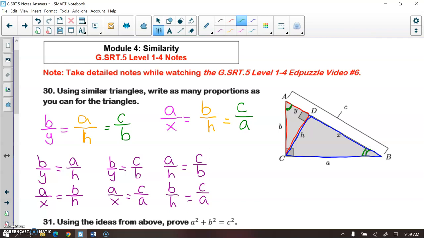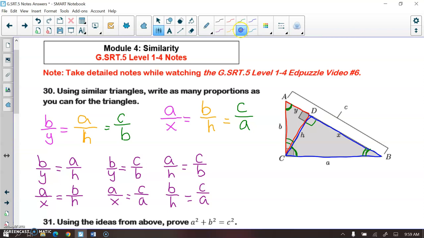So those are not congruent to each other. Instead, angle A on my red triangle is congruent to this angle here on my blue, and angle B on my blue is congruent to this angle here on my red.